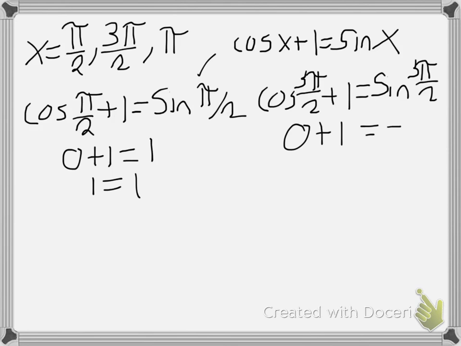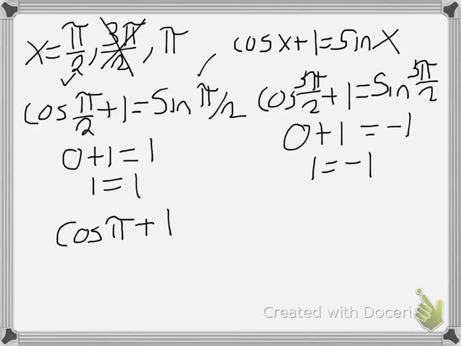So that's negative 1. So does 1 equal negative 1? No. So 3 pi over 2 is a bad solution, so I'm going to cross through it. All right, so we got one more. I shouldn't say it's a bad solution. It's actually an extraneous solution. And it came about because we did that squaring, because negative 1 squared is what? It's positive 1, right? So it thought it was going to work, but it isn't.